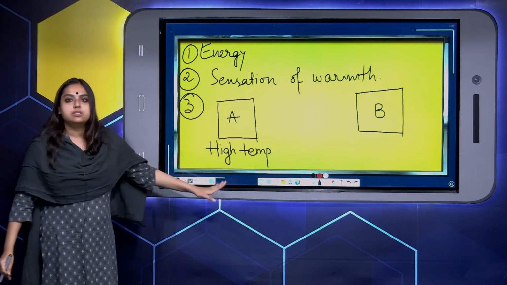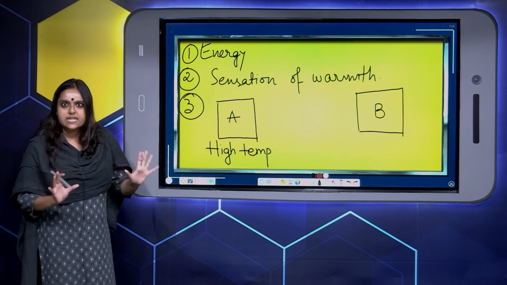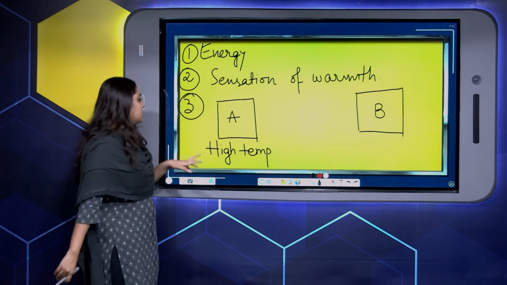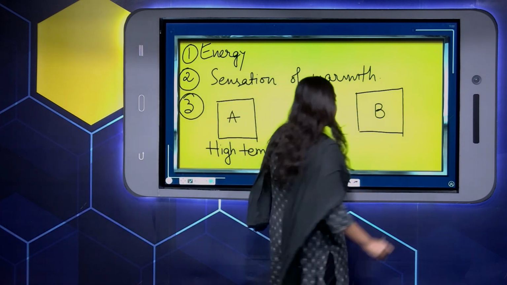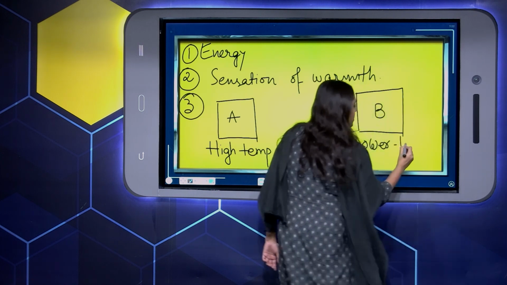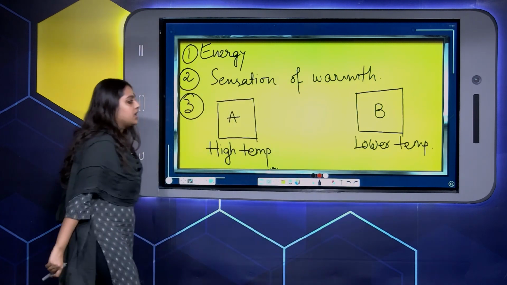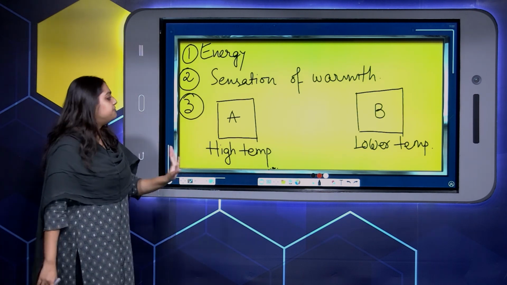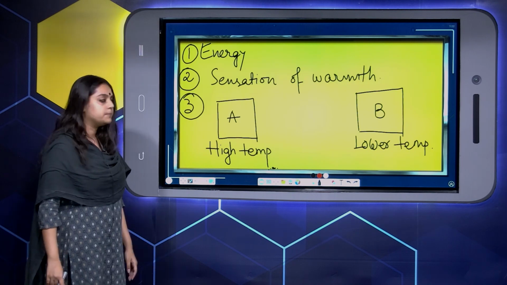I will come to the basic definition of temperature later on, but we all know what temperature is. It is the measure of hotness of a body, right? So, A is at higher temperature and B is at lower temperature. Now, from these two bodies, we find that there is a temperature difference between the two bodies, right?